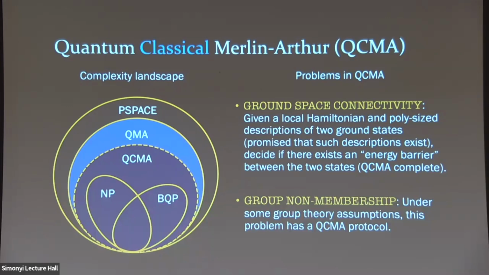And when I say that you're staying within the ground space, a path here would be a collection of quantum gates that you apply. You apply the quantum gates and each time you get a new vector. You're asking what is the energy of that vector, which is the quadratic form of the vector with respect to the matrix. That gives you some number, and you're asking whether that number is within plus or minus 1 over poly of the minimum eigenvalue.